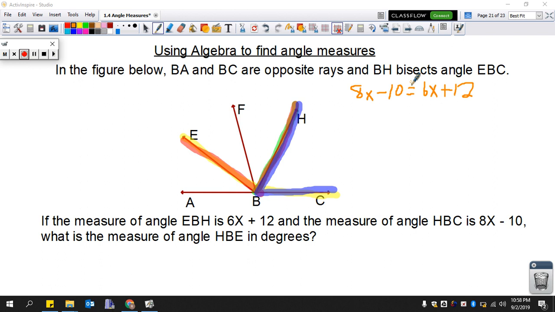When we go to solve these two expressions for x, you're going to draw a line down through the equal sign and subtract 6x from both sides.